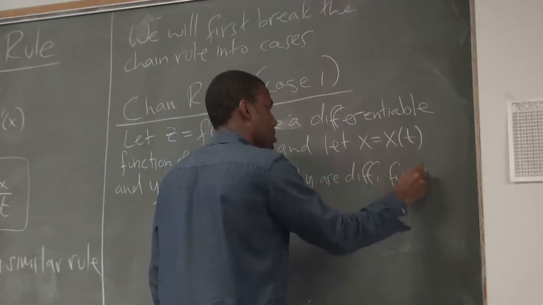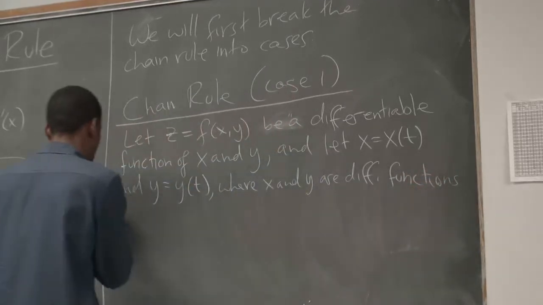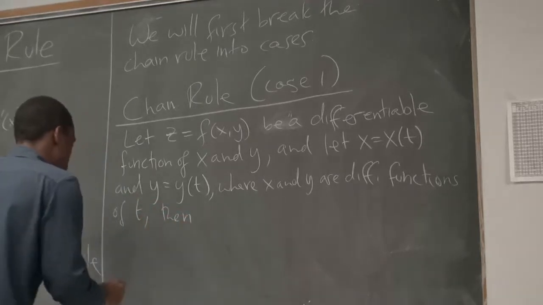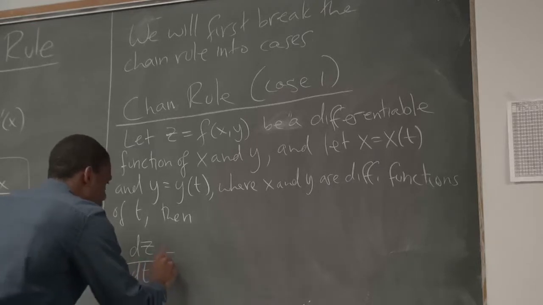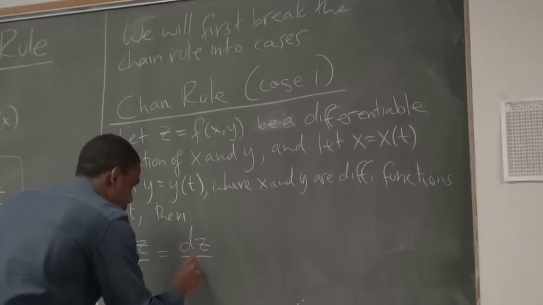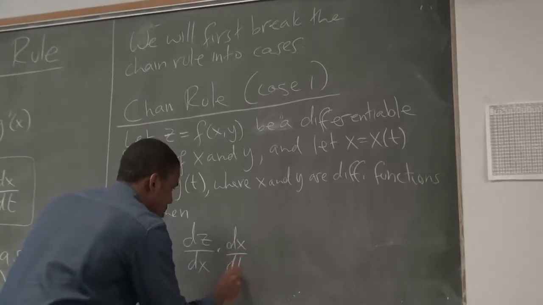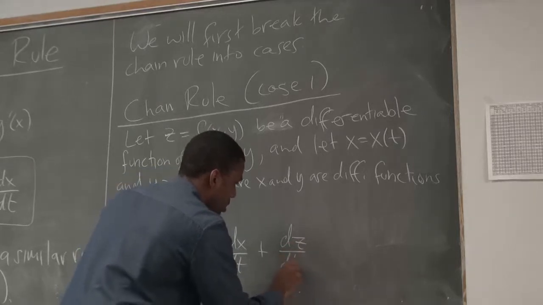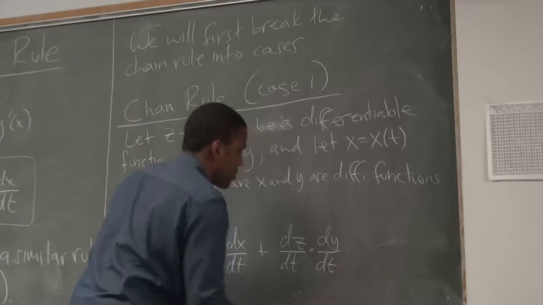Then you have to write out those variable functions of t, and if you wanted to find dz dt, you'd have to do dz dx, dx dt plus dz dy by dy dt.